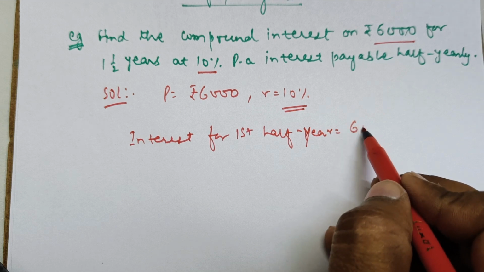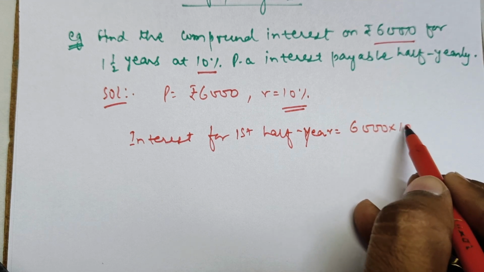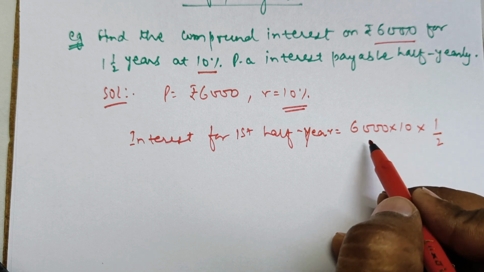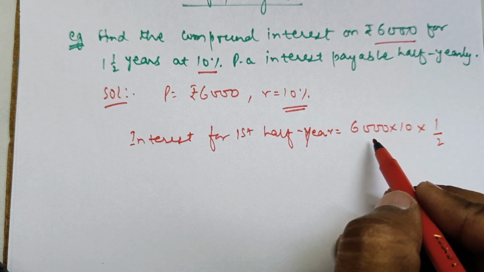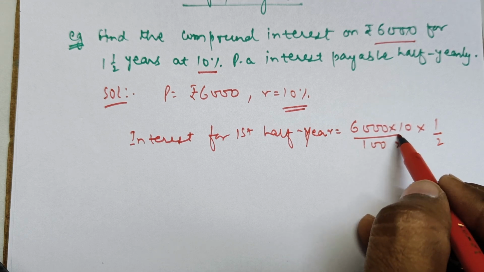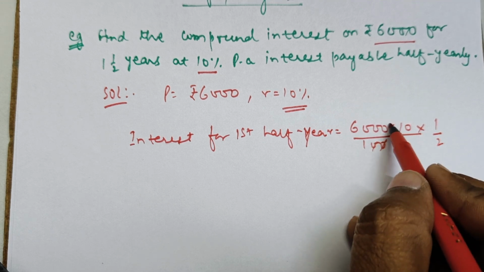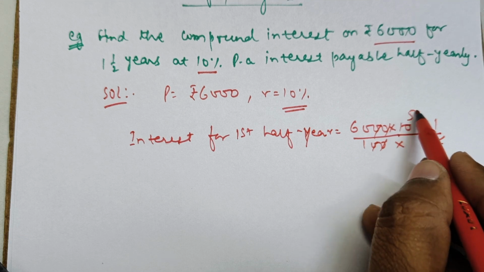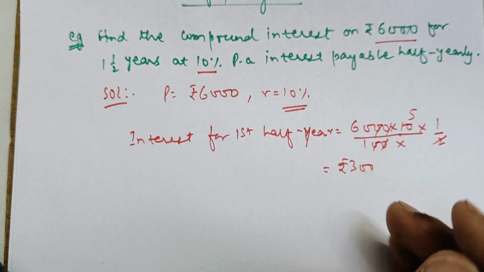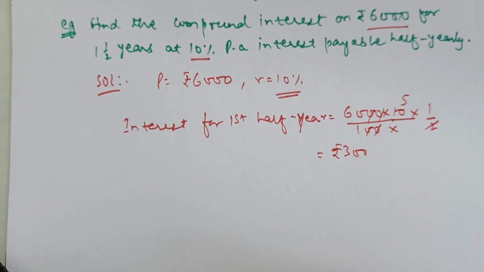So P is 6,000, rate is 10, time is not 1, it is 1 by 2 because we are finding it on a half yearly basis, upon 100. If we solve this, after cancelling, it comes to rupees 300. This is the interest which we have to pay after half a year.